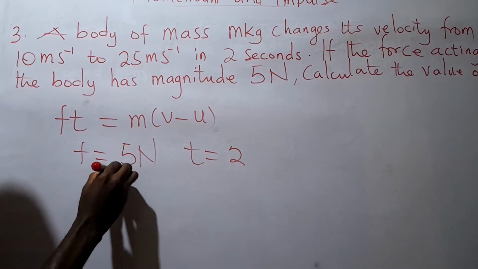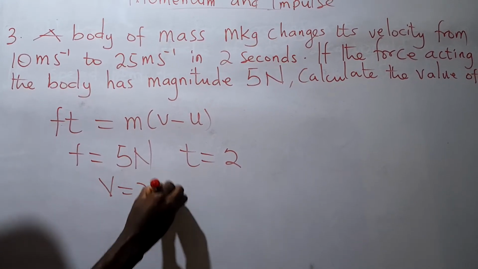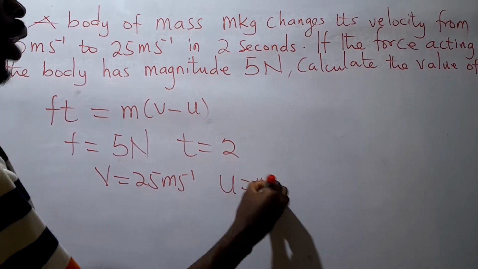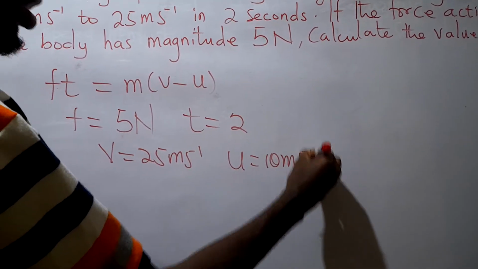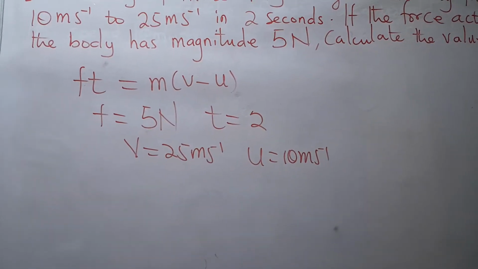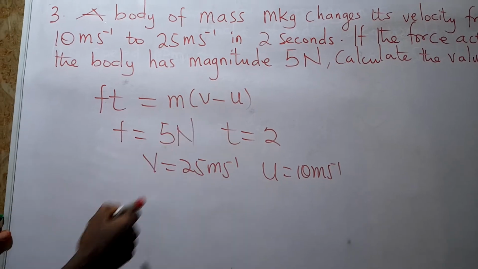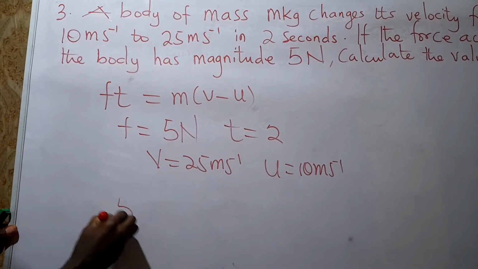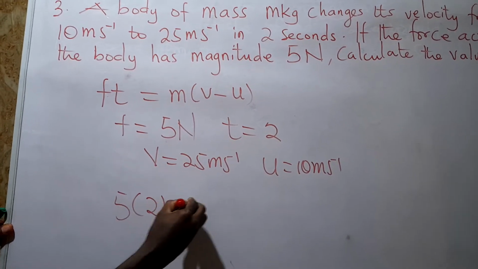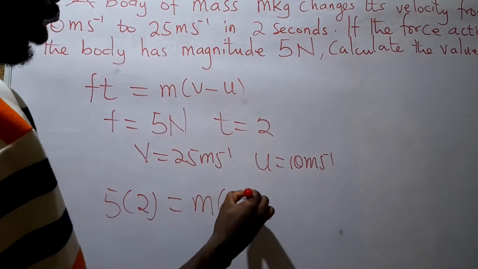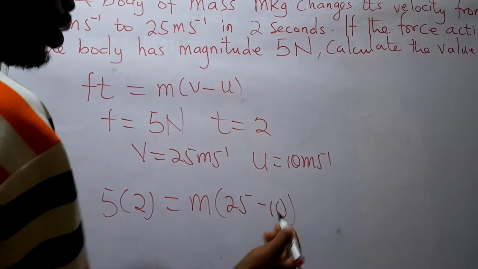Then the final velocity was 25 meters per second, and the initial velocity was 10 meters per second. Now we need the mass of the body. So we know Ft is equal to m bracket v minus u. So we have 5 times 2 will be equal to m bracket 25 minus 10.